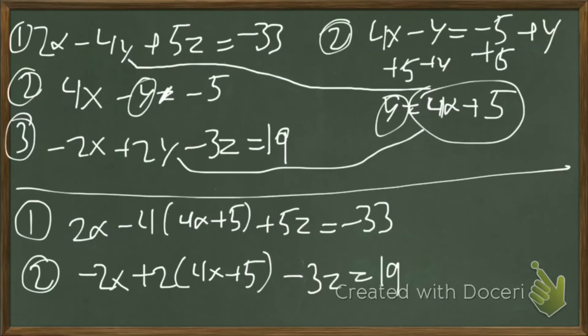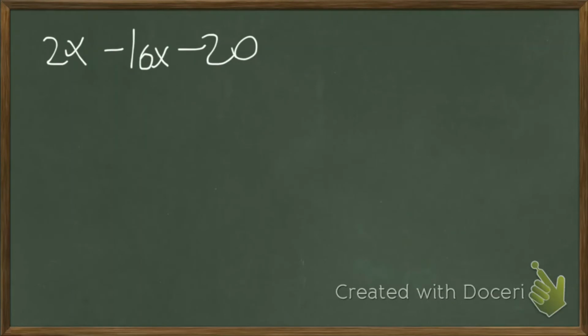Next step after this is to expand it. So 2x minus 16x minus 20, plus 5z equals negative 33.